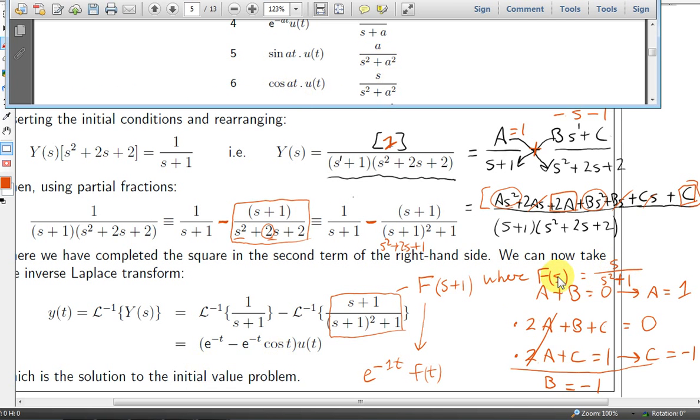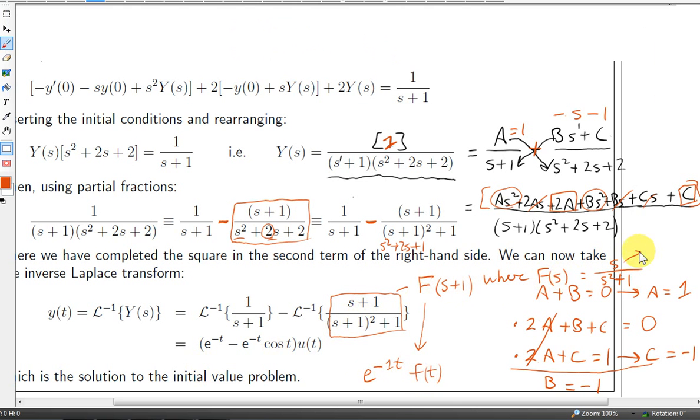It comes from the inverse transform of big F of s. But this is big F of s plus 1. If you just replace s with s plus 1, we get this here. And we saw from a shift theorem that the inverse transform of big F of s plus 1 is e to the minus 1t times little f of t, where little f of t is the inverse transform of big F of s.